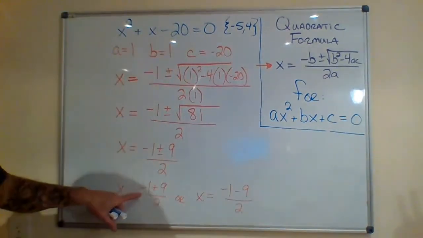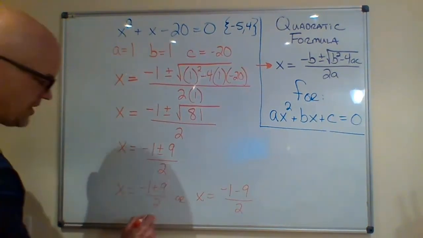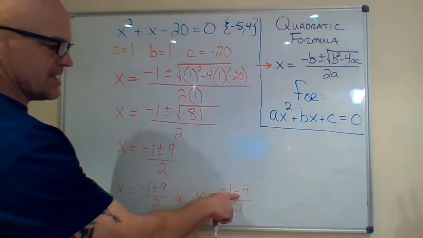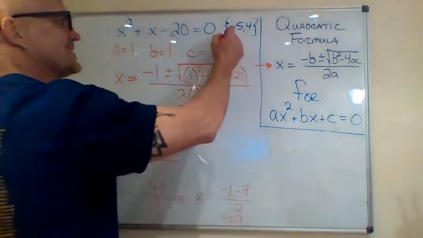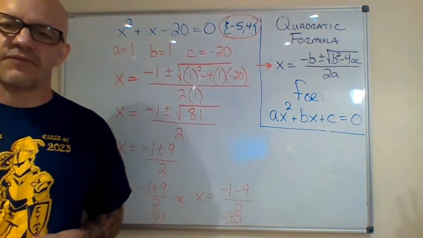If I simplify -1 plus 9, that gives me 8 over 2, which gives me 4. This guy here, -1 minus 9 is -10, divided by 2 is -5. Notice I got the same answers that I got when I factored. That's how the quadratic formula works.